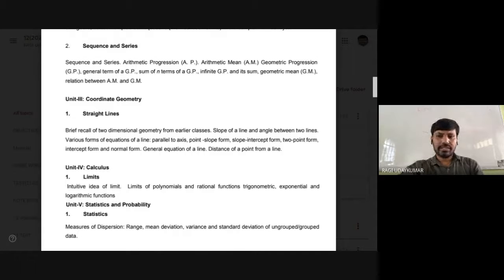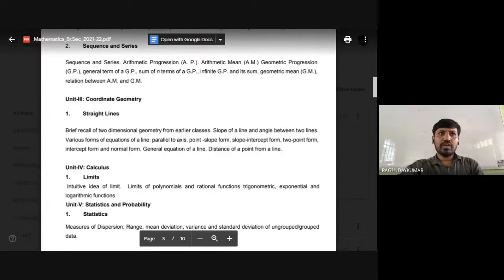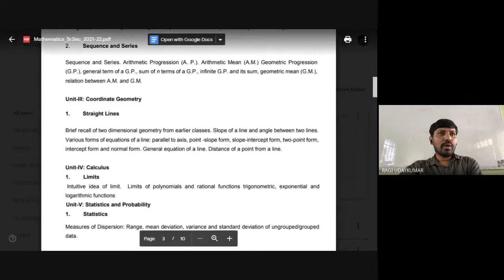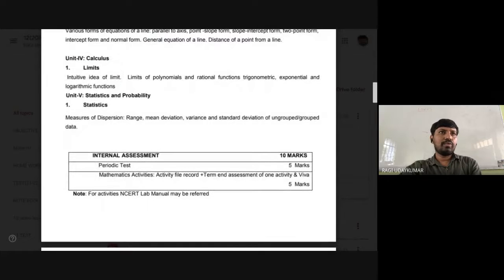A brief recall of two-dimensional geometry from earlier classes, slope of a line and angle between two lines, various forms of equations of lines: parallel to the axis, point-slope form, slope-intercept form, two-point form, intercept form, normal form, and general equation of a line, distance of a point from a line. The parametric form of expressing a line is also here, and normal form is also here.